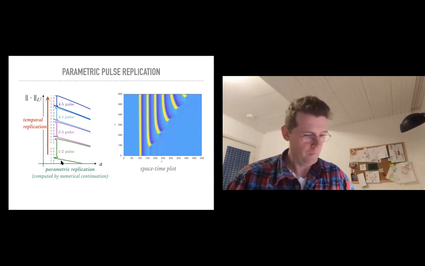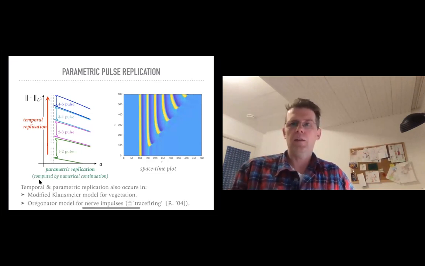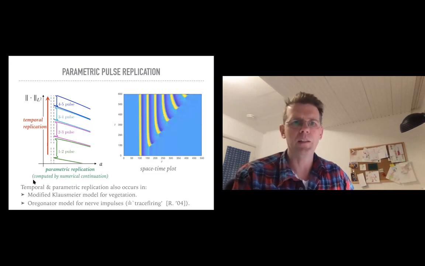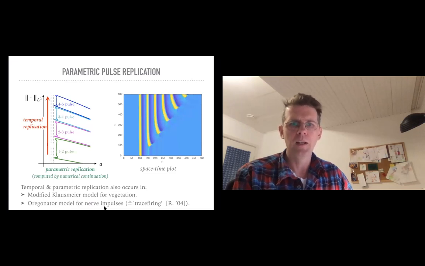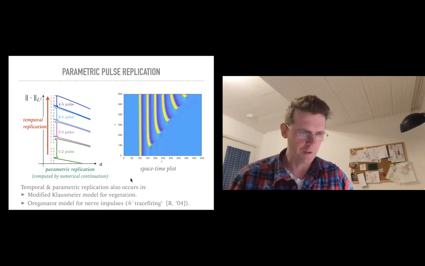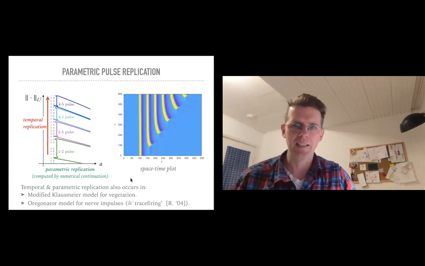In particular, it also is known to be accompanied by this temporal transition for a few models, in particular a modified Klausmeier model for vegetation, and in fact also the Hodgkin-Huxley-type model, which is an extended model related to FitzHugh-Nagumo, but has one more species, and it's a model for nerve impulses. And that is incidentally what I've studied in my thesis, partially at least, where I observed this phenomenon, but gave it a different name. Nowadays we call this pulse adding.